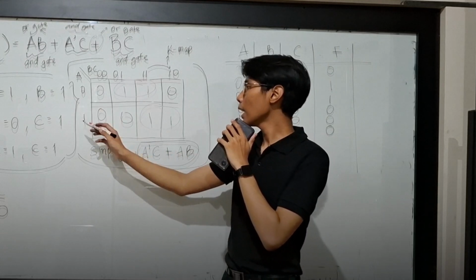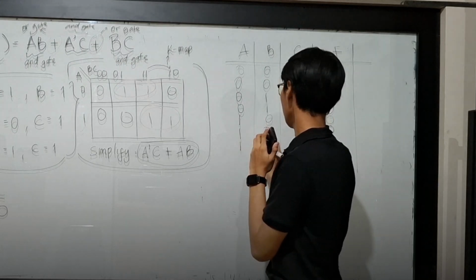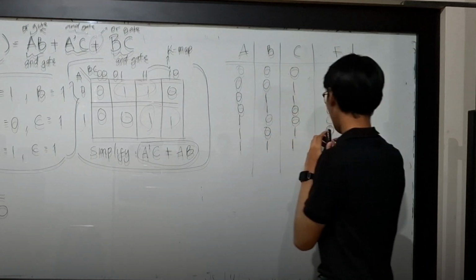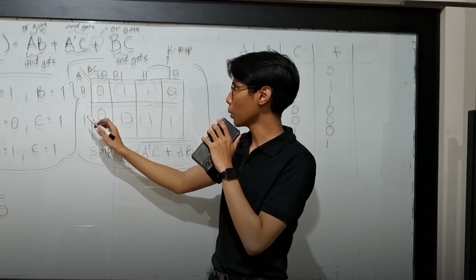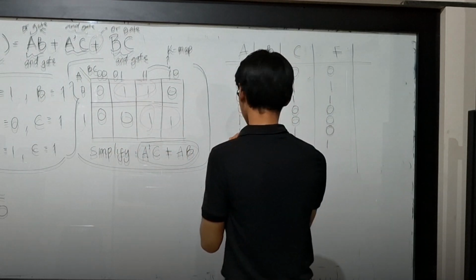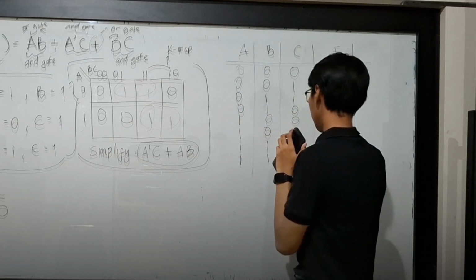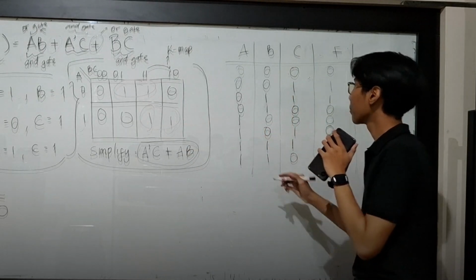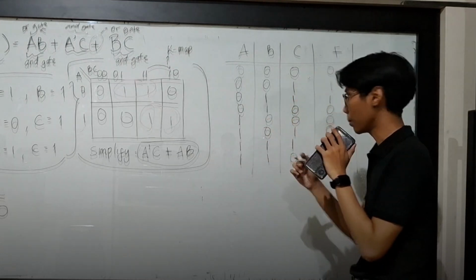Next, A equals 1, B and C equal 1: 1, 1, 1, and the output is 1. Next, A equals 1, B equals 1, and C equals 0: 1, 1, 0, and the output is 1. Okay, this is the truth table for this problem.